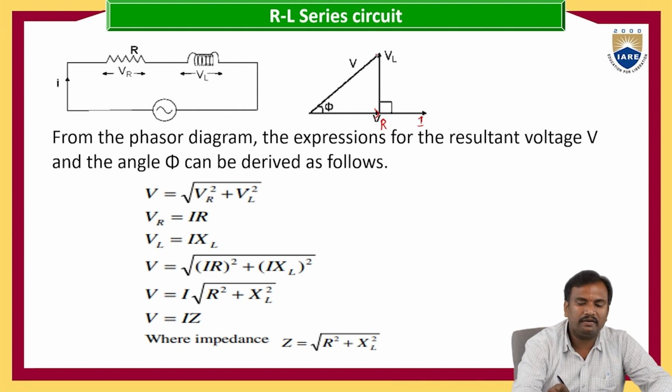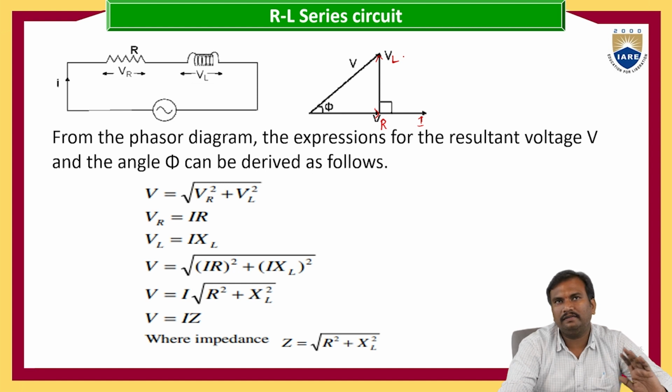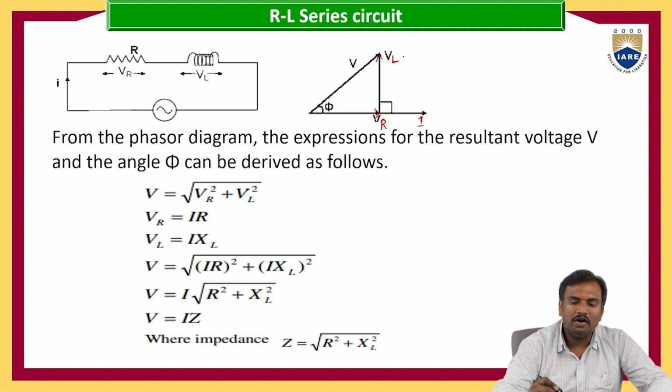The voltage across the inductor will be 90 degrees leading. The voltage leads and the current lags. Now the resultant voltage V has a phase angle.